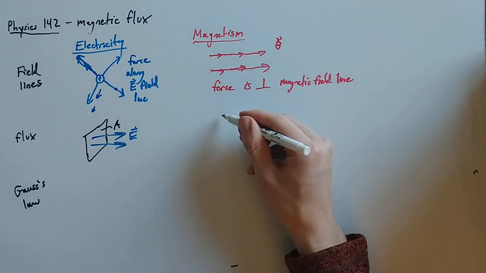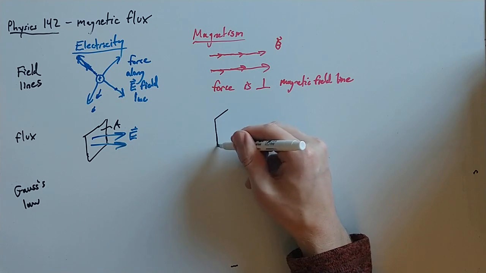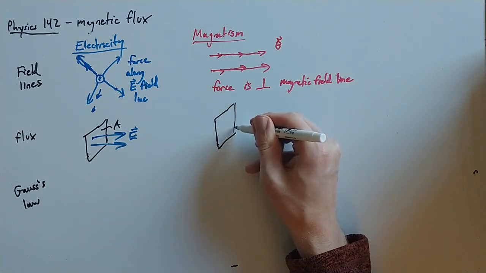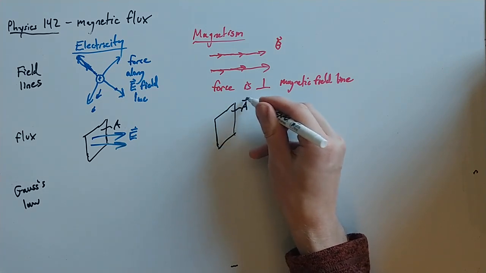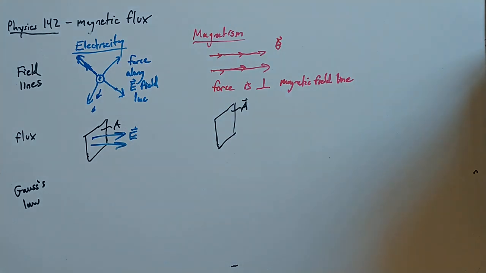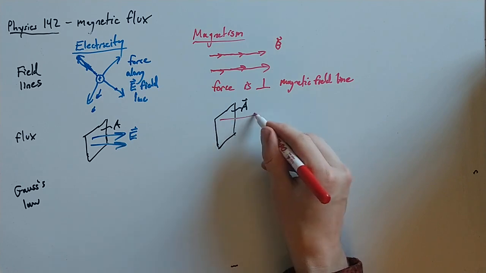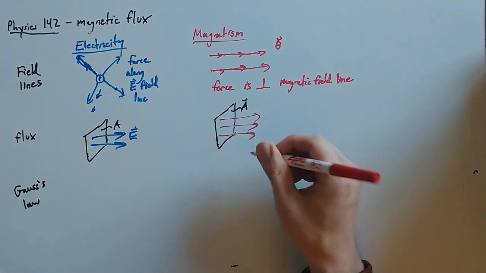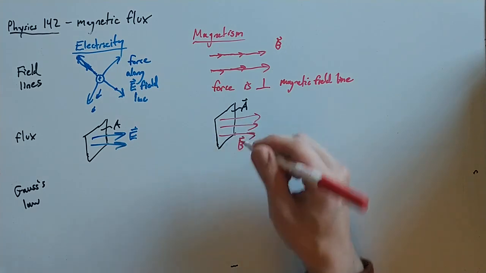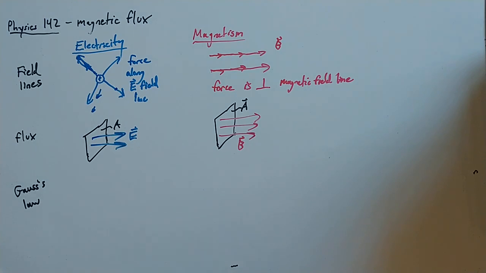For magnetism, if I have some window again, and it has some area A, and I want to know about magnetic flux, well, you might imagine that I could send some magnetic field lines through that window. And it turns out that we define magnetic flux the exact same way. We say it's the number of magnetic field lines that are going through that surface.